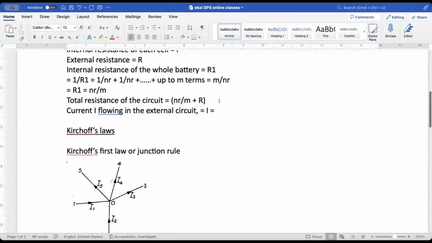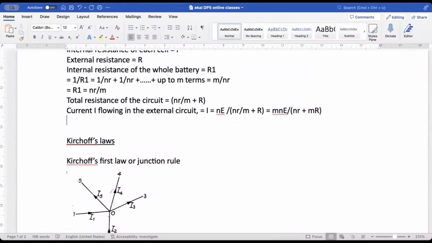So here we have n times E divided by the total resistance, which is nr by m plus R. This will give me nmE whole divided by nr plus mR. That's the total resistance.